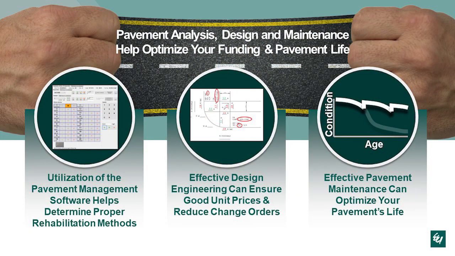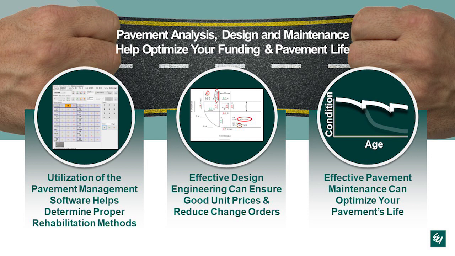So in conclusion, utilizing the pavement management software is the start of your CIP program, determining the proper rehabilitation methods. Are you going to resurface? Are you going to microsurface? Are you just going to mill off 2 and put back 2? Your design is important.